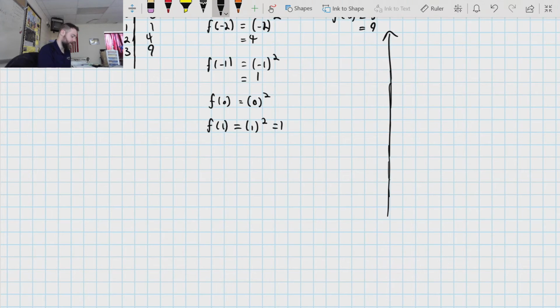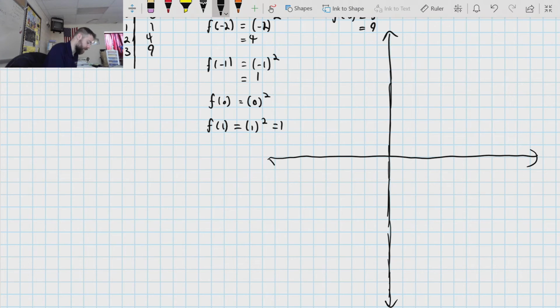So I'm going to continue this axis down, make sure I've got enough room. I think that's enough. Yeah, and we'll start to graph this. So there's my axis. So first thing I want to do, 1, 2, 3, 4, 5, 6, 7, 8, 9, and we're ready to graph.